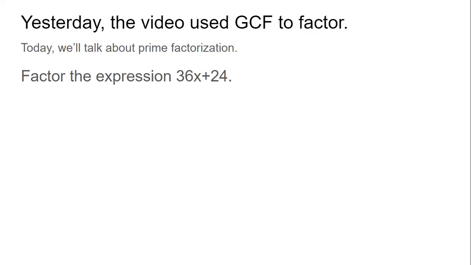They have a common factor of 2, but 2 is not the biggest one. 2 is not the greatest common factor. So how can we use prime factorization to clearly show us what the greatest common factor is? I'm going to find the prime factorization of 36 and 24.